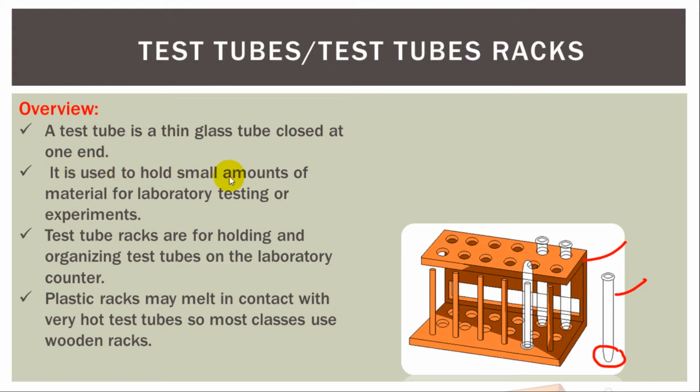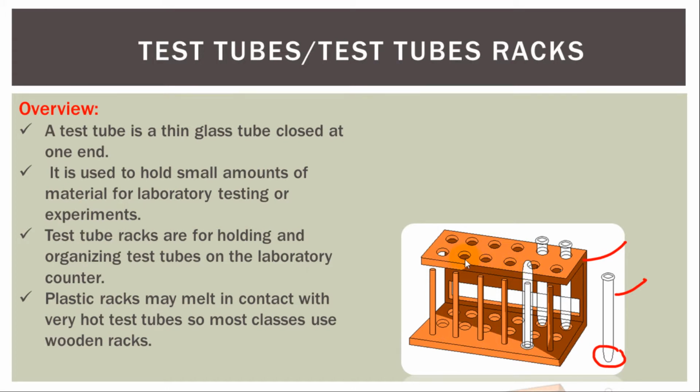It is used to hold small amounts of material for laboratory testing. So if you were testing a small sample of something, you could put them in test tubes and put them in the racks for different types of experiments. The racks are basically there to organize things so that you have it nice and evenly spaced, you can label it, that kind of thing.